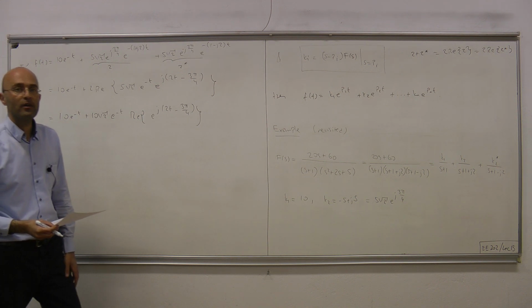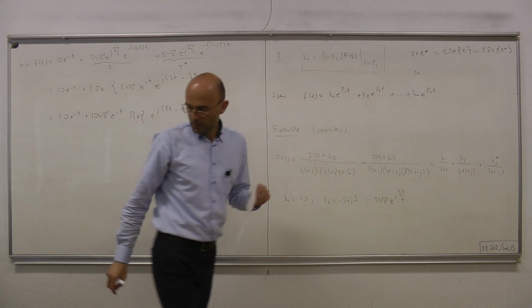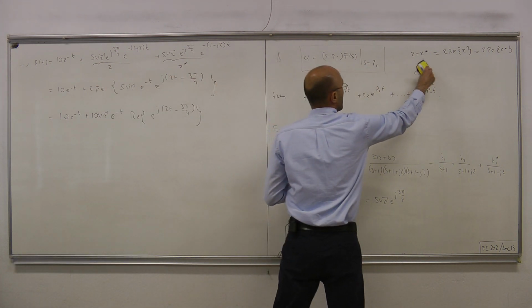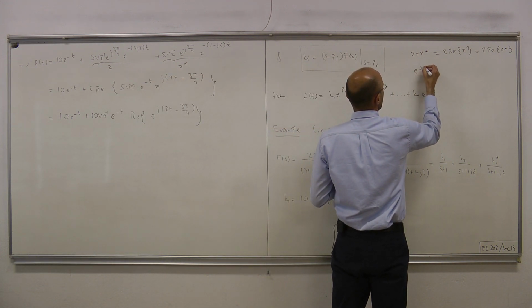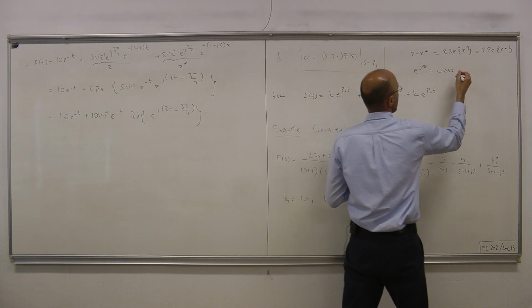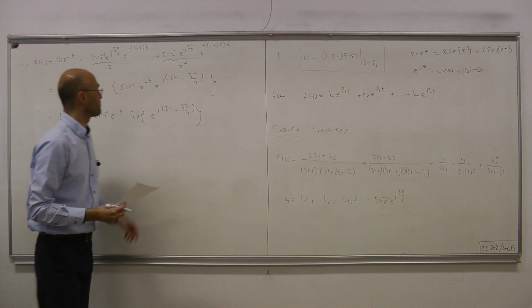And then using Euler's identity, e to the j theta can be written as cosine theta plus j sine theta.